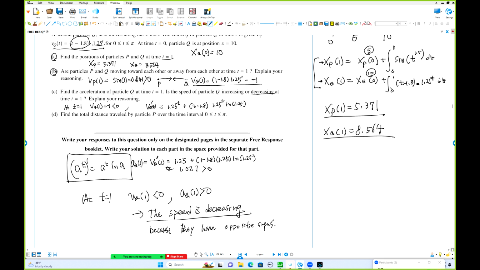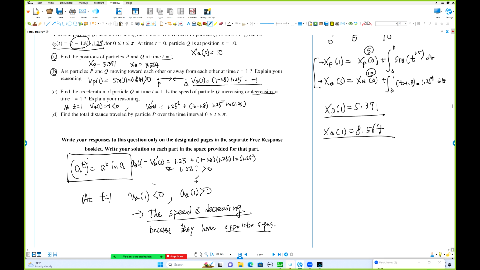Well, different sign is okay too. One is plus, one is minus. All right, so speed is decreasing.